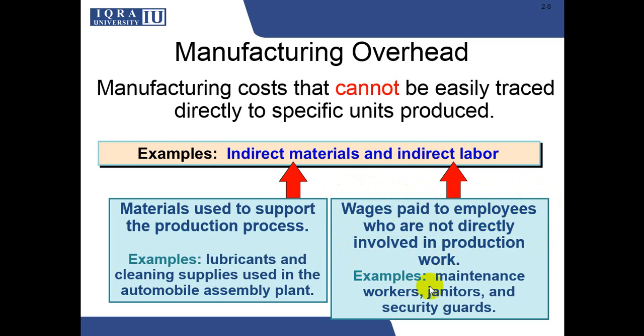For example, maintenance workers, security guards, these are all indirect labor. An example would be a security guard, supervisor, or quality assurance worker in the factory. Their wages and benefits would be classified as indirect labor.